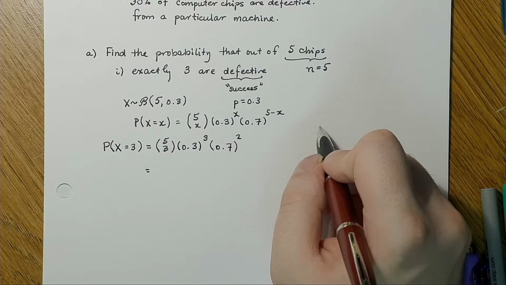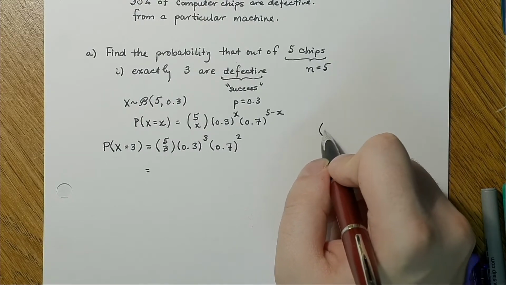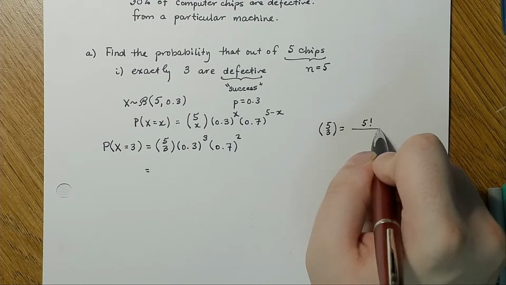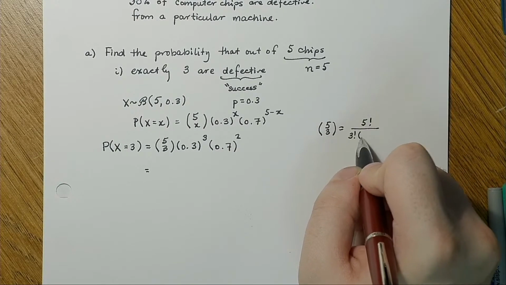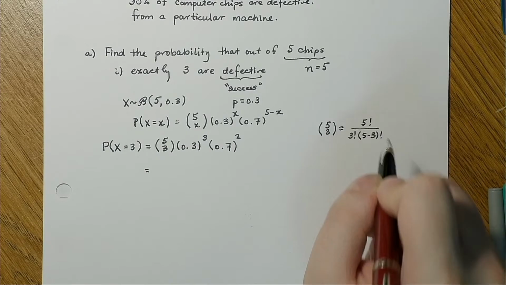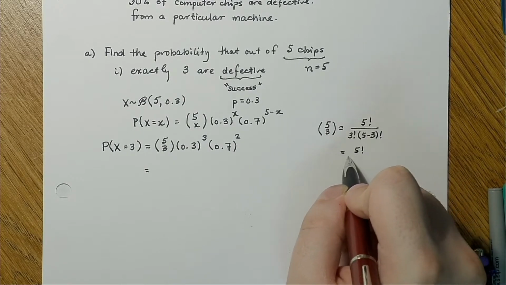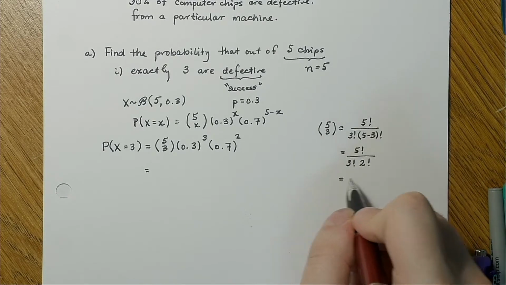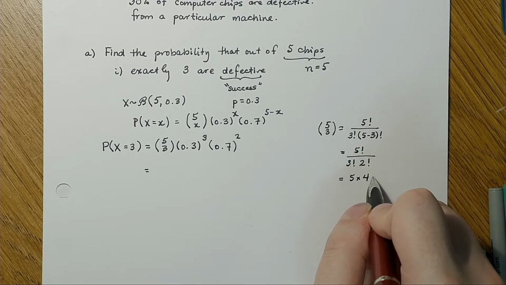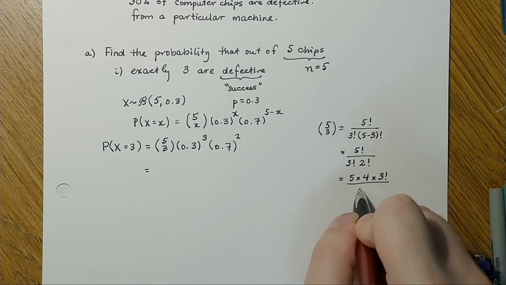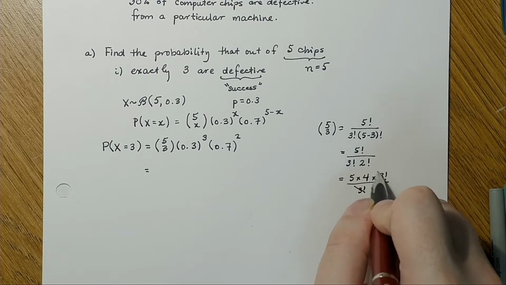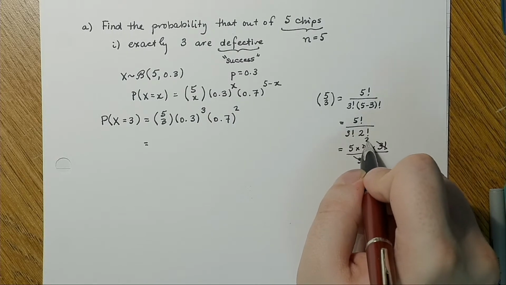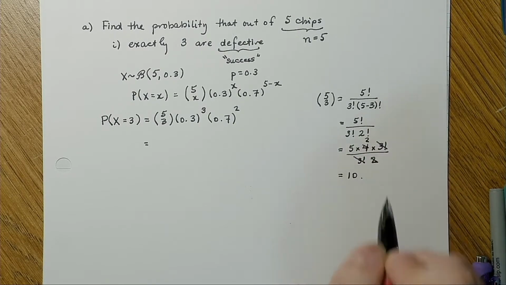So we can calculate this. 5 choose 3 is 5 factorial over 3 factorial times 5 minus 3 factorial. So 5 over 2, and that leaves us with 10.